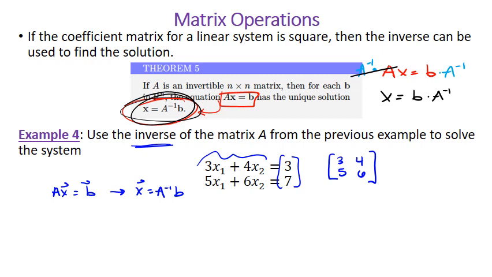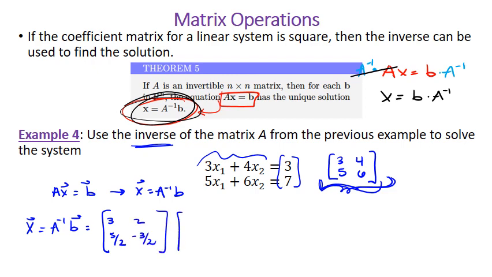So if I set this up to solve this, X is equal to A inverse times B. So the inverse of this matrix that we found in the previous example is 3, 5/2, 2, negative 3/2, times matrix B, which is 3, 7. So I'll take this times this.